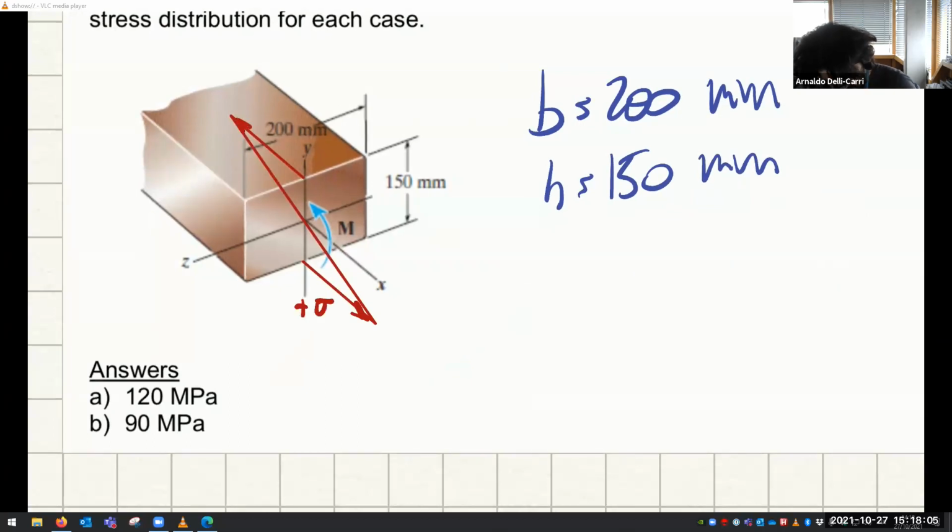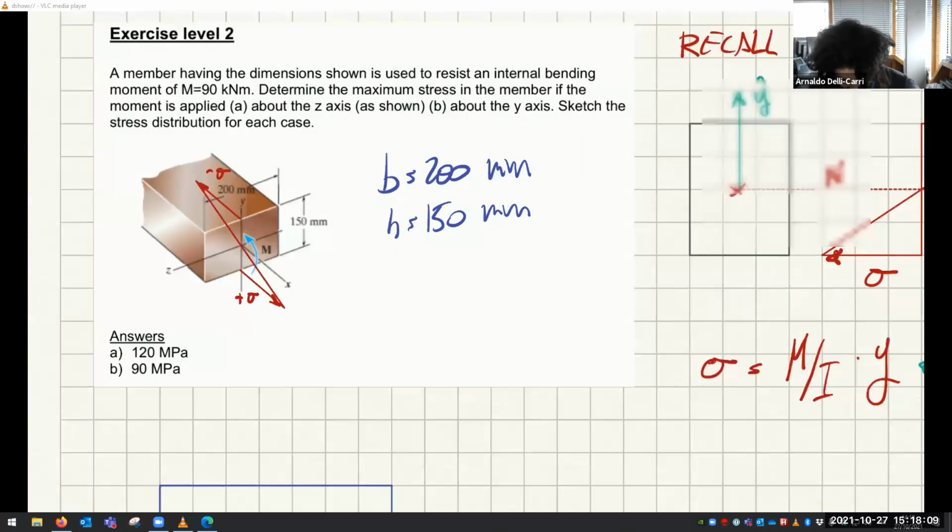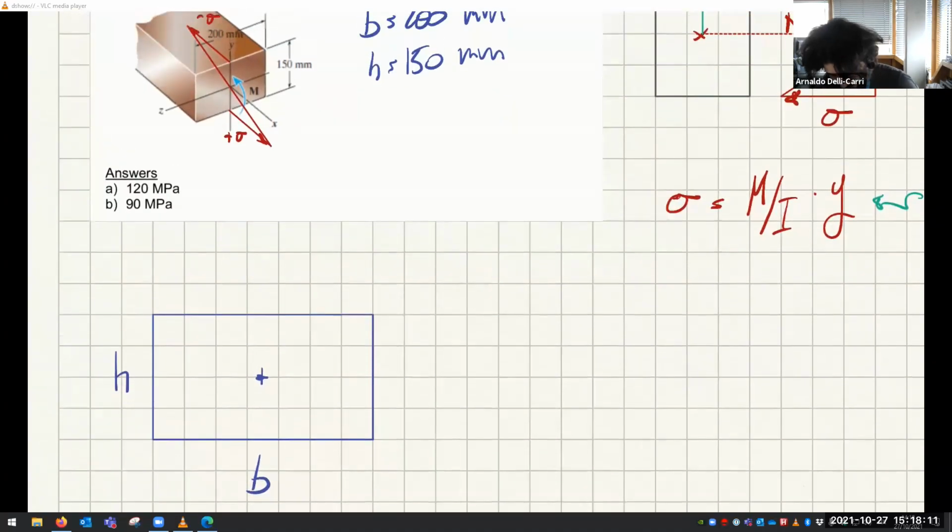Positive sigma here, negative sigma here. So if I look at this in this direction, I must have a positive sigma at the bottom and a negative sigma on the top. As you can see, since it's completely symmetric, we have the same value at the top and the bottom.